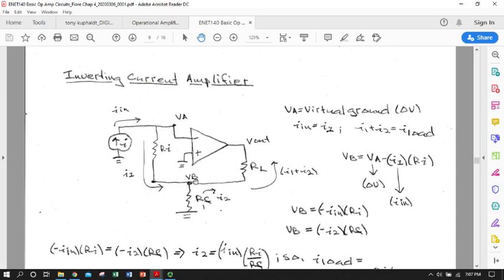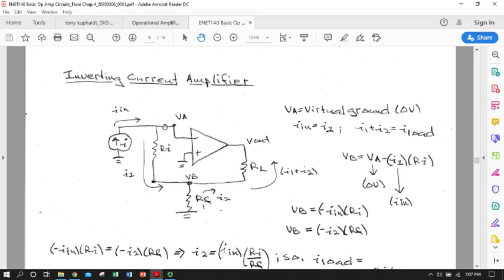So we can do a little KVLing and define V sub B in terms of R sub I and the input current. So we can say V sub A is at 0.